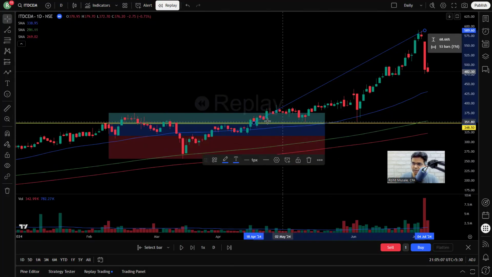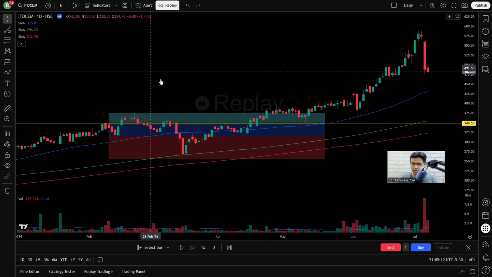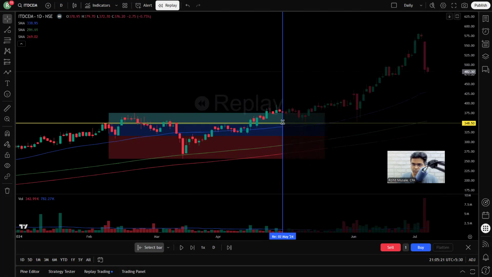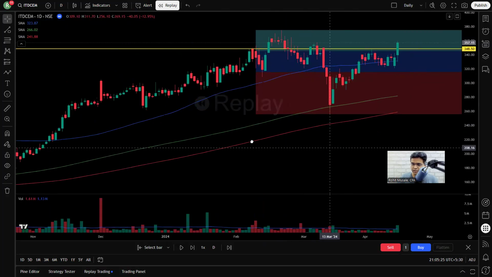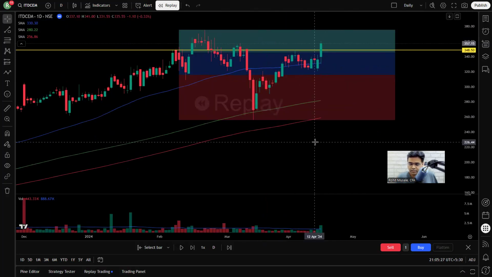Fantastic trade. And all throughout that, the stock continued to trade above the blue line, which is the 50-day simple moving average. So you must have heard me many times talk about the time horizon for a positional trade and the time horizon for a swing trade. I always keep saying that for a swing trade, your time horizon is 2 to 4 weeks with a double digit return minimum.